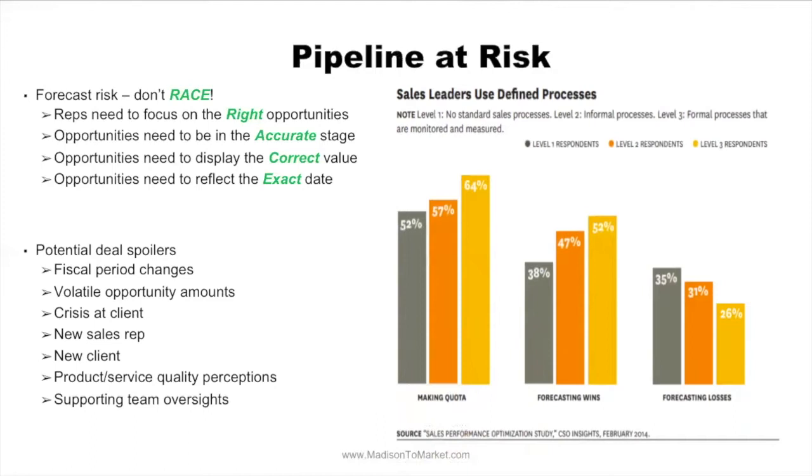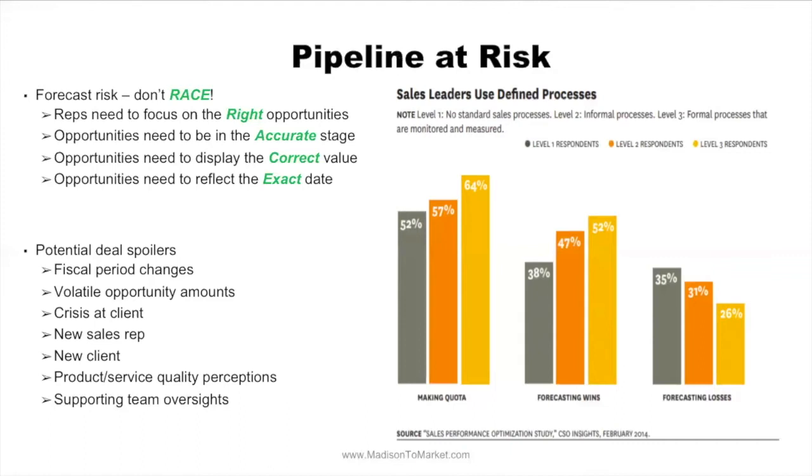And then finally here on the right, you'll see that sales teams perform best when a formal, well-defined sales process is in place and is honored, and it's followed by the entire organization. So as we see, level 1, which are these gray bars, represent organizations with no standard sales processes. In orange, you'll see the level 2 teams, which have informal processes.